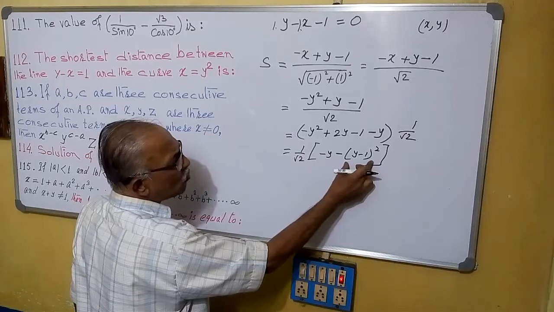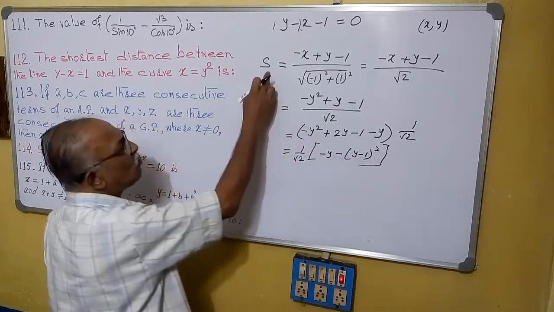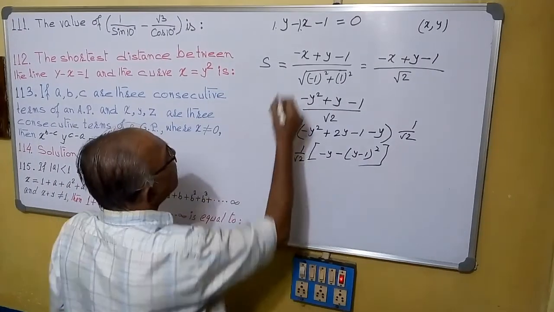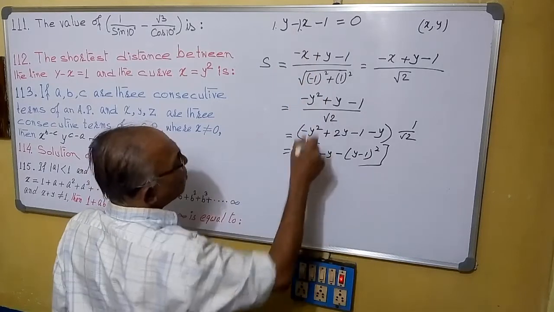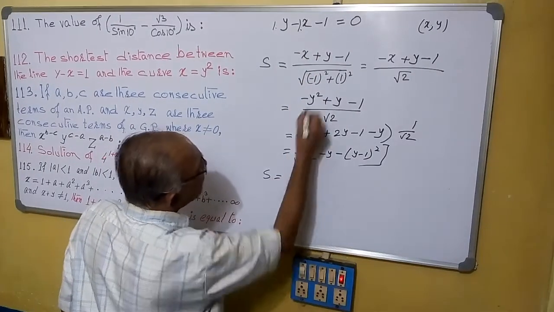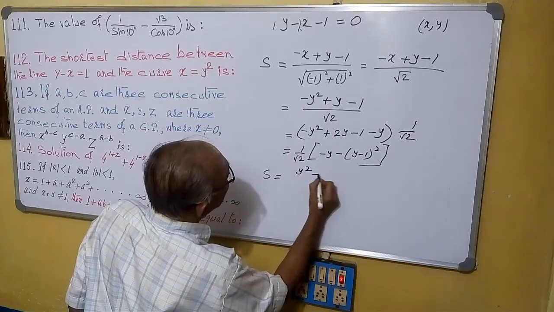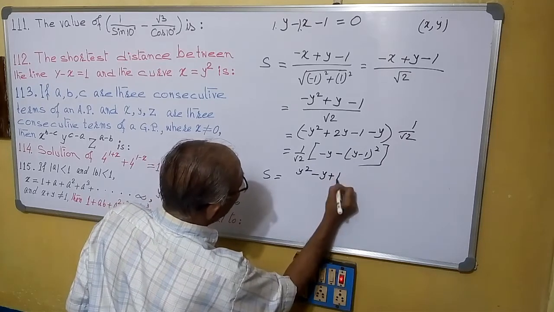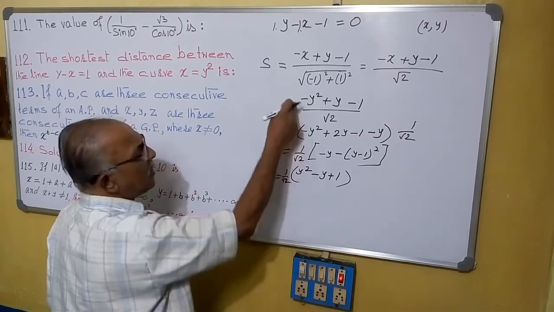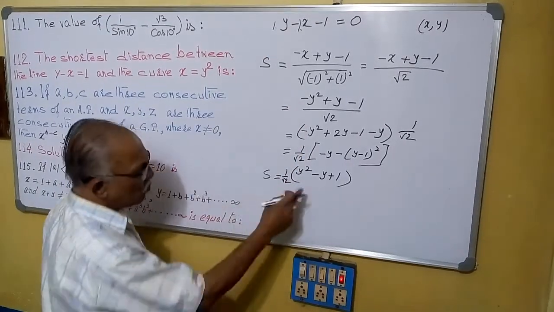See, this is a square quantity, hence the entire expression is negative. So for expressing distance in positive, we can say actually the distance is the modulus of this one. So S equals to, we can change the sign, S equals to y square minus y plus 1 into 1 by root 2. If you are writing this one, it is not wrong, but the modulus of this thing is a positive quantity.